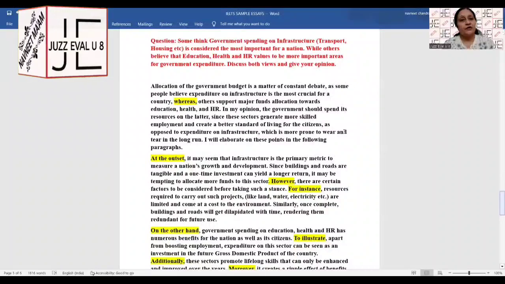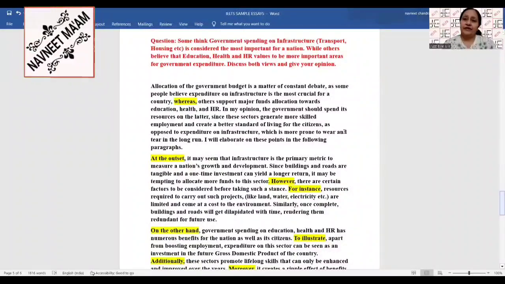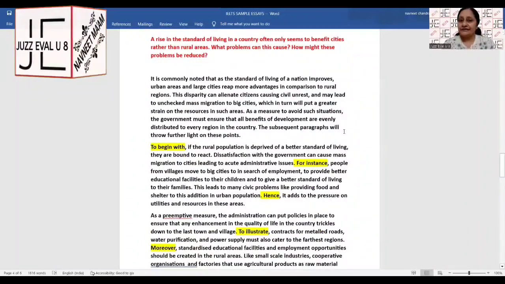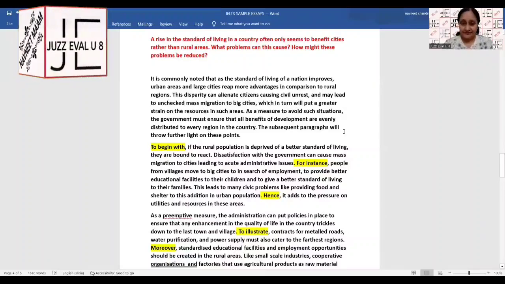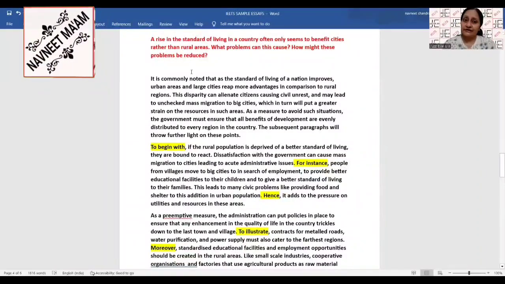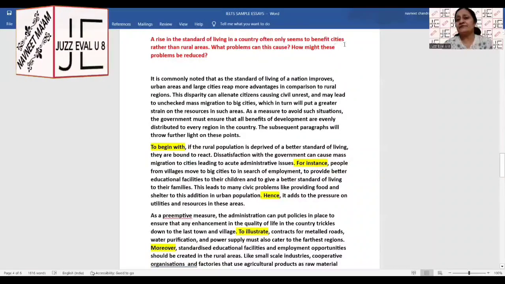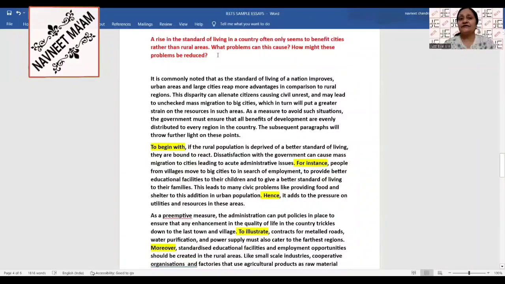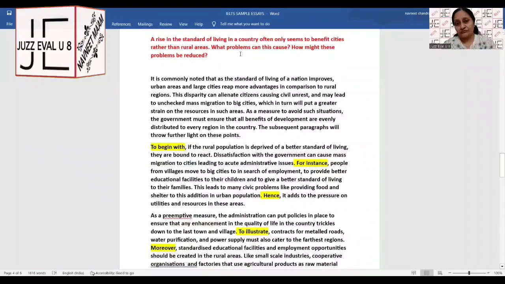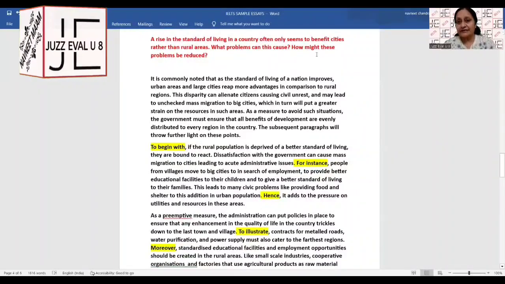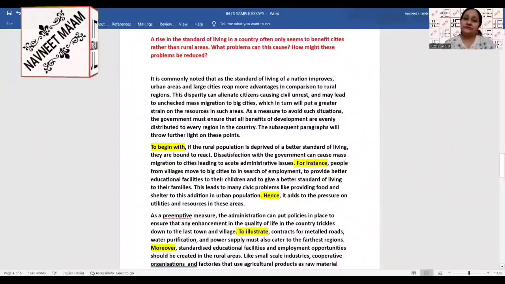Okay. So now let's go to our last topic. That is a problem solution essay. Now here the question is, a rise in the standard of living in a country often only seems to benefit cities rather than rural areas. What problems can this cause and how might these problems be reduced?